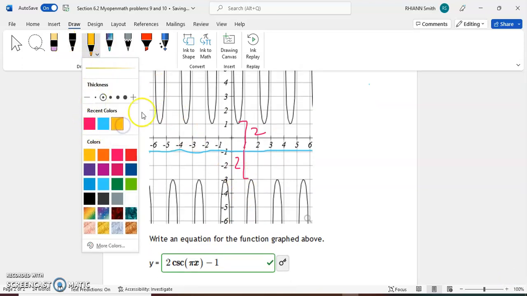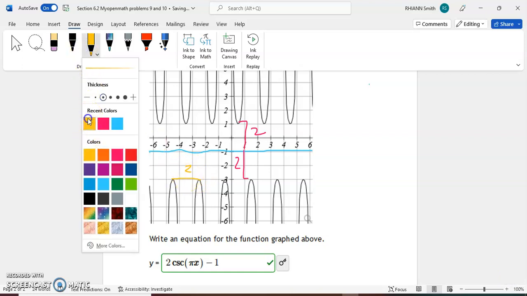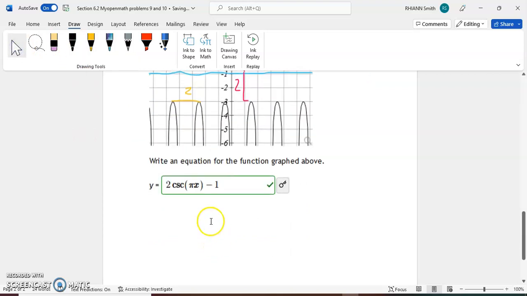And of course, our period is how many spaces one minimum is to the next minimum, or one maximum is to the next maximum. So let's see, how many spaces is this? 1 space, 2 spaces. So this will be 2. And so we're going to do our math down here. We got our midline, which is -1. We got our amplitude, which is 2.